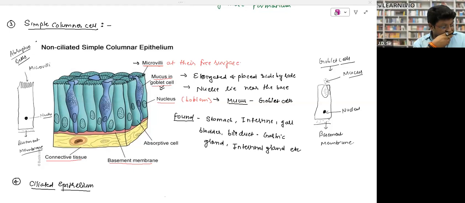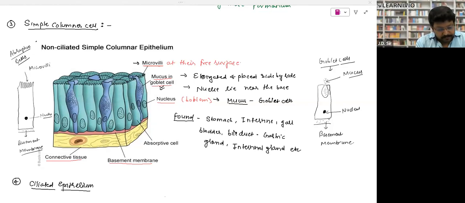Some cells have microvilli at the free end. They are called absorptive cells. Full stop.